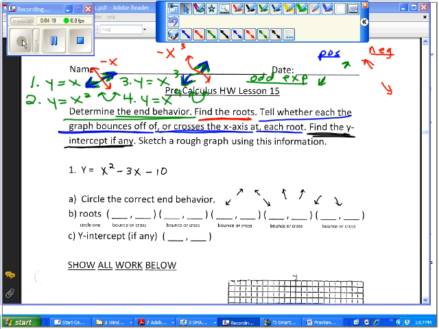If there is an even exponent, the end behavior is an up-up. It's an up-up if a is positive.